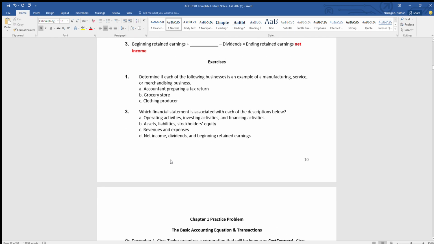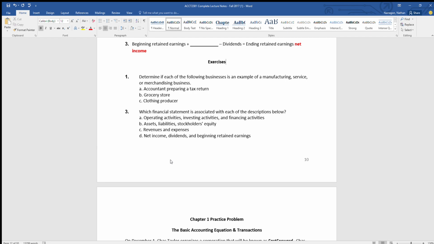And which of the following financial statements is associated with each of the descriptions below? The one that deals with operating, investing, and financing, that will always be our cash flows. Assets, liabilities, and stockholders' equity, that is our balance sheet right there. Revenue and expenses is, of course, our income statement.